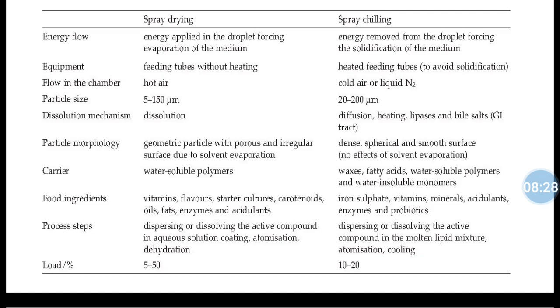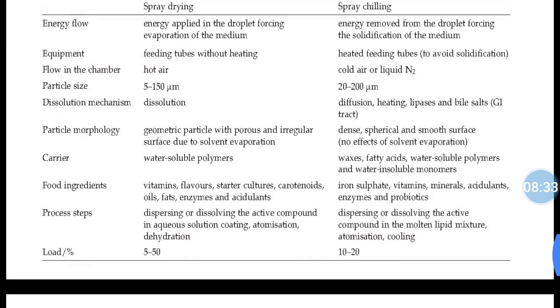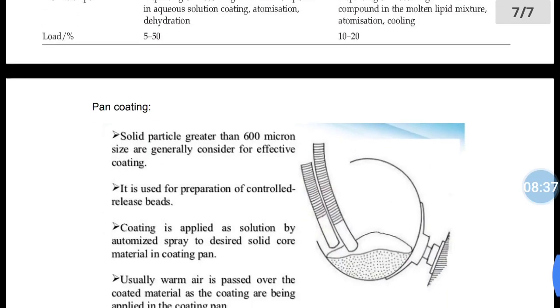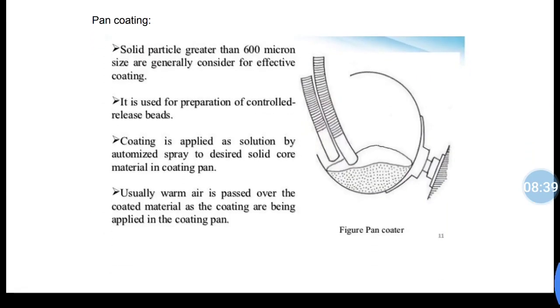The percent load in spray drying is 5 to 50%, whereas in spray chilling it is 10 to 20%. Next method of microencapsulation is pan coating.